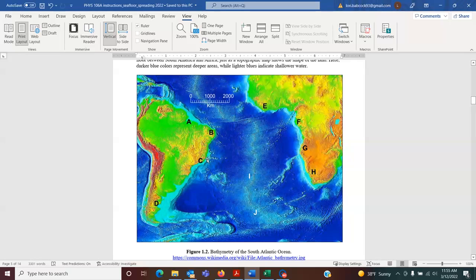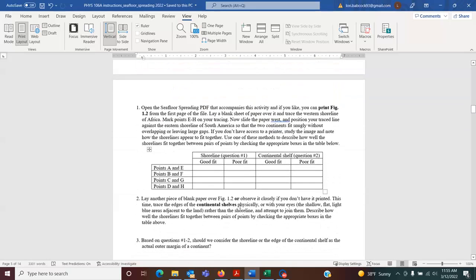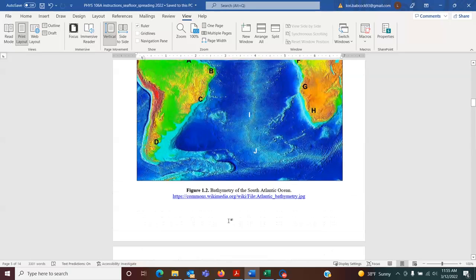The question is, how well do these different points fit together? Points A and E, points B and F, points C and G, and then points D and H. Are they a good fit or a poor fit? And then the next part of the question, again, if you have it printed, you could lay a piece of paper over it and trace it and kind of move the Africa shoreline over the South American shoreline, or excuse me, the continental shelf, and see how well they fit together.